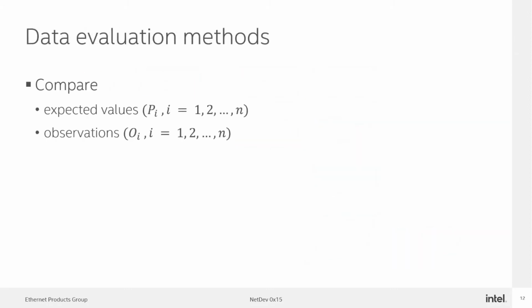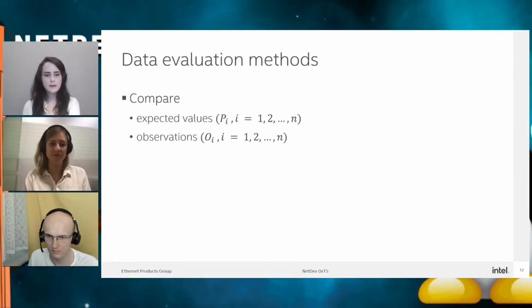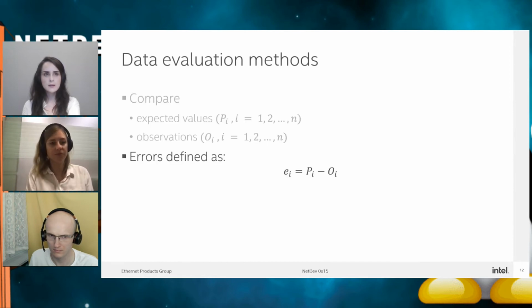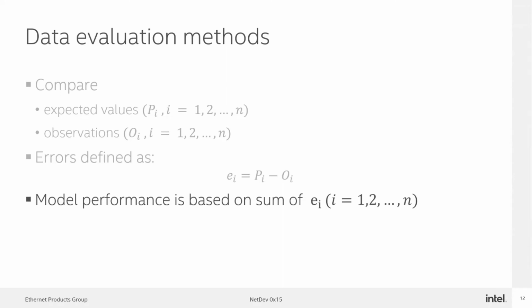One of the crucial steps in our algorithm is data evaluation. We receive values from the genetic algorithm, and we need to find a way to judge them. Provided that we have a set of expected values and a set of observations, error can be defined as the difference between them. General model performance is based on the sum of these errors.